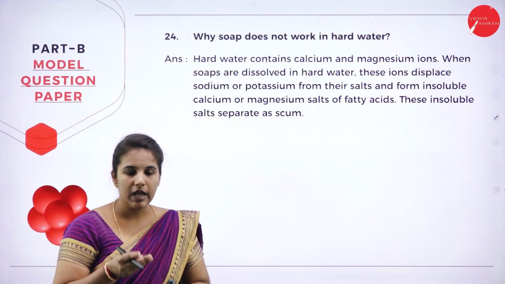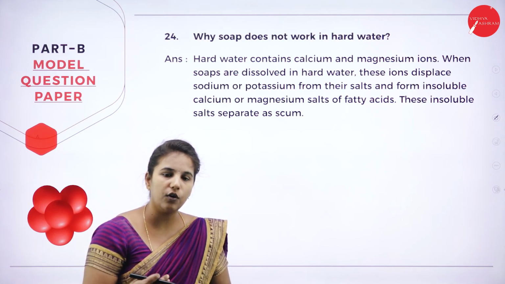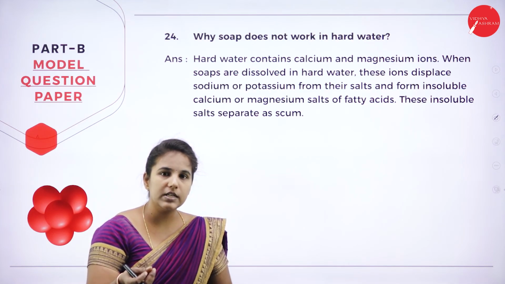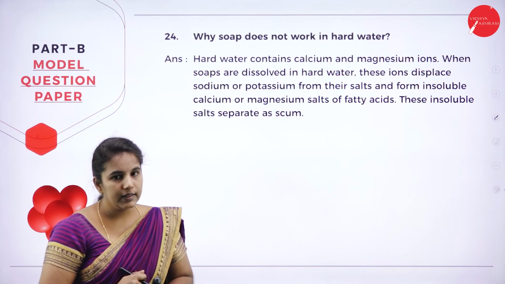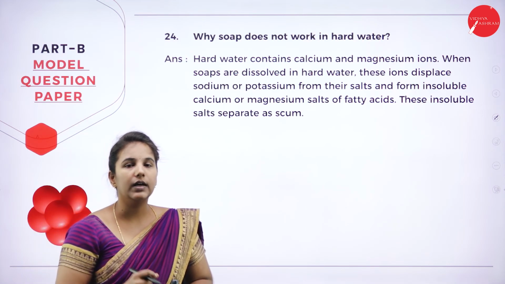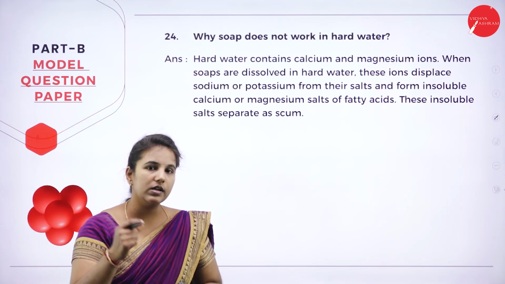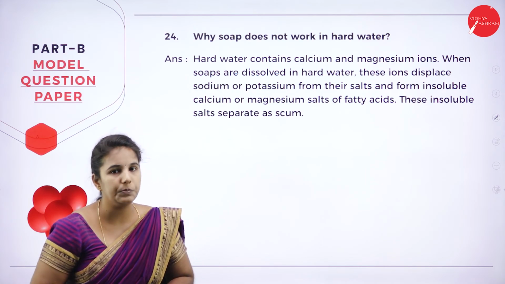If in your home you would have seen that when you dissolve the soap in hard water, at the base you can see the precipitate of scum which is formed. That is why the soap will not give a lather with hard water. Instead, it will give rise to the scum, which is an insoluble precipitate.